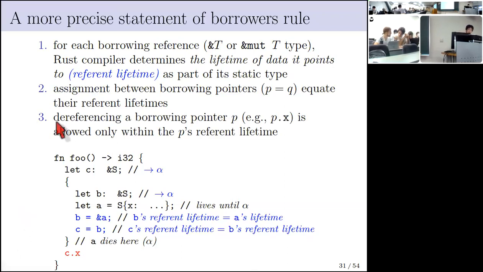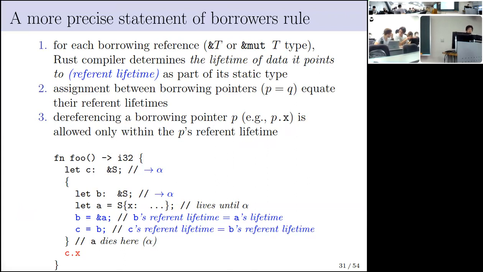So the third rule that is going on is that dereferencing a borrowing pointer P, or P.x, is allowed only within P's reference lifetime. This is basically how Rust figures out whether the dereference is safe or not.